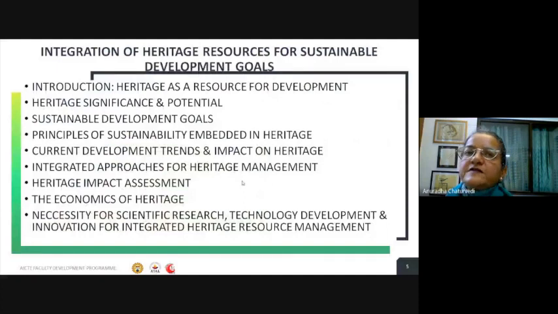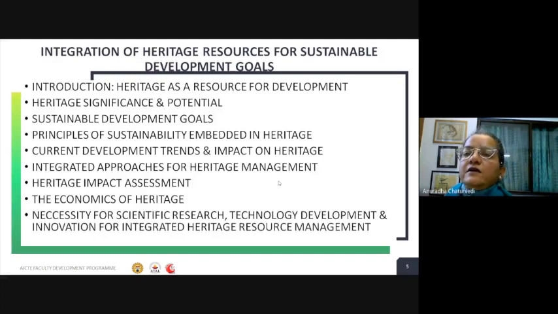So, in this presentation, today's session, we are going to be talking about the integration of heritage resources. We'll be discussing what exactly is meant when we talk about heritage as a resource for development. We'll briefly look into what constitutes heritage significance and potential.